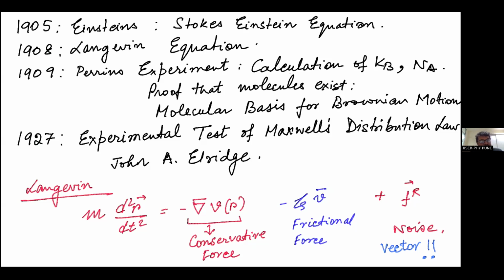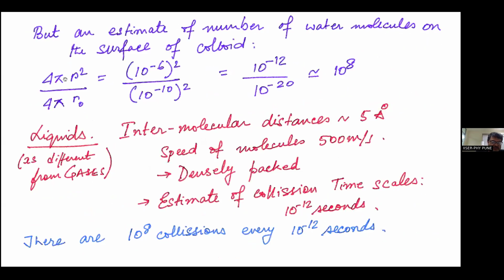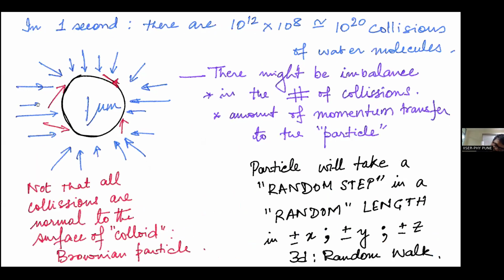And the actual proof that there is molecular motion and the presence of molecules came from an experiment which basically embodied all the hypotheses of Boltzmann and Einstein and Langevin, who assumed that there would be molecular collisions. Brownian motion is a consequence of collisions.